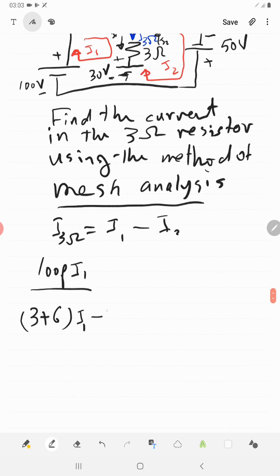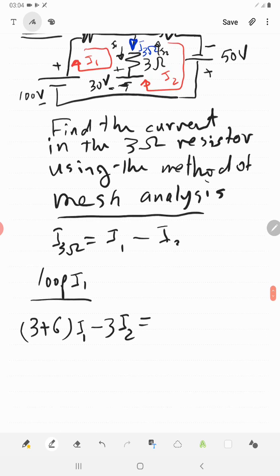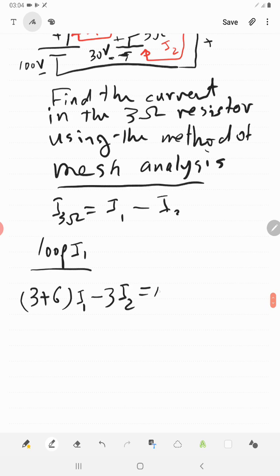So we say minus 3 I2. How many voltage sources do we have? We have 100 in the same direction and 30 in the opposite direction. So we say 100 minus 30. So we have 9 I1 minus 3 I2 equals 70, and this is equation 1.